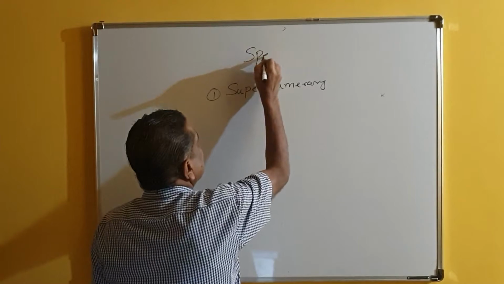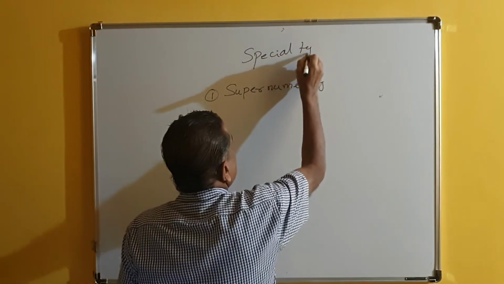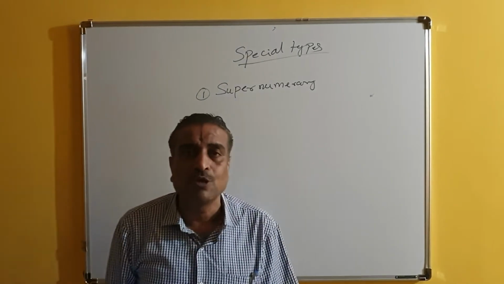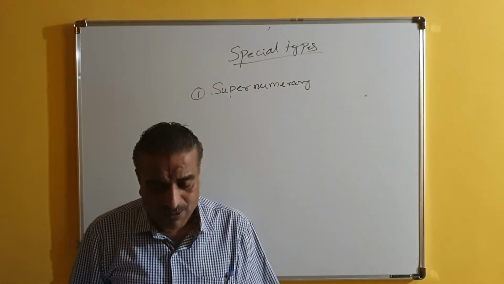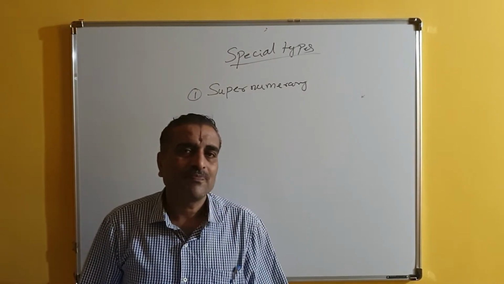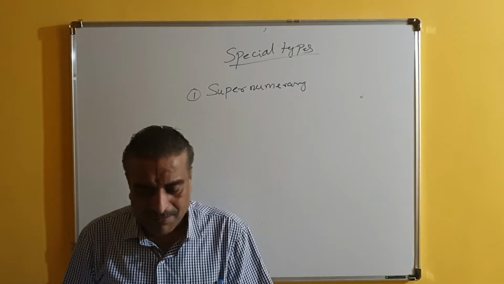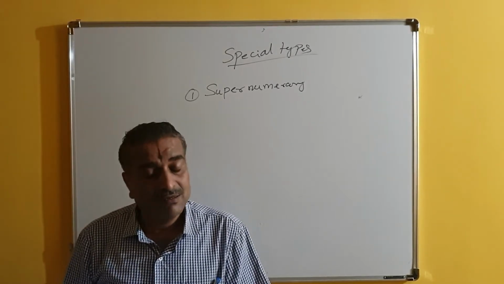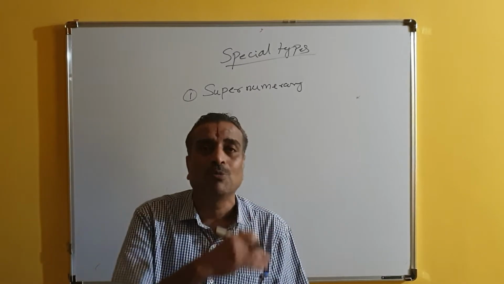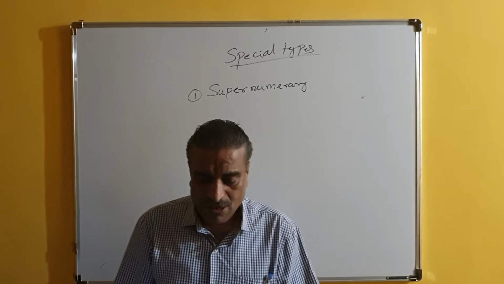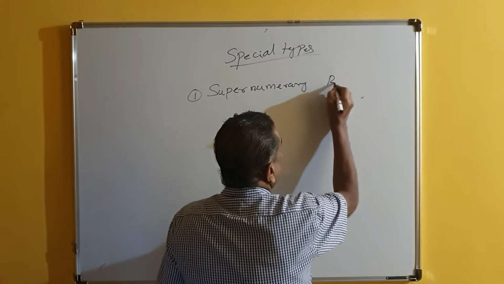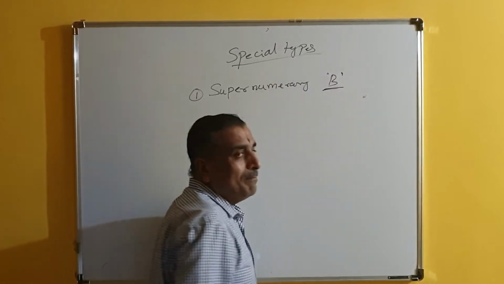Supernumerary chromosomes usually mean extra chromosomes. Sometimes the organism may contain additional chromosomes in the normal set of chromosomes. Such chromosomes are called supernumerary chromosomes, sometimes called B chromosomes.